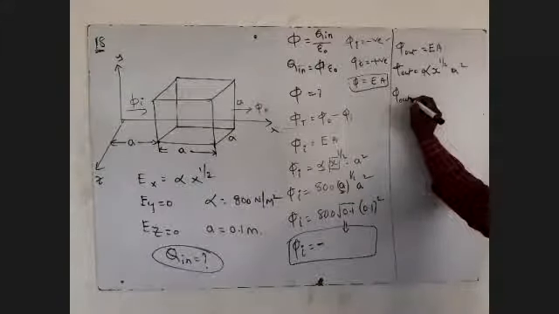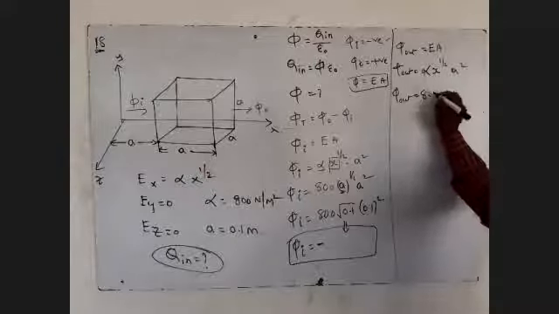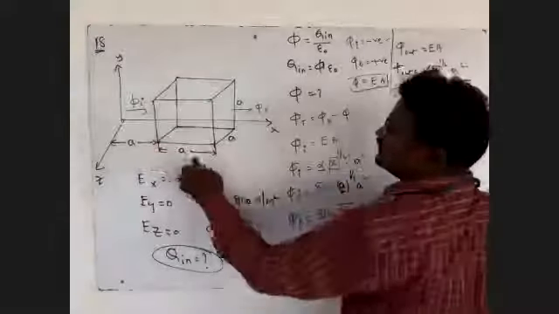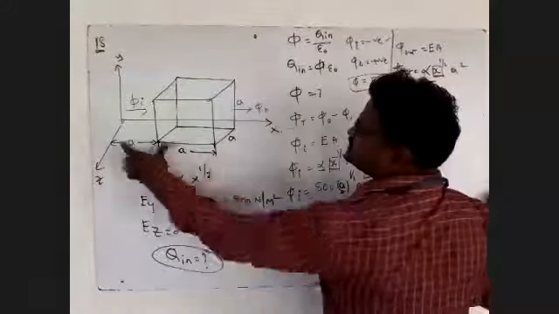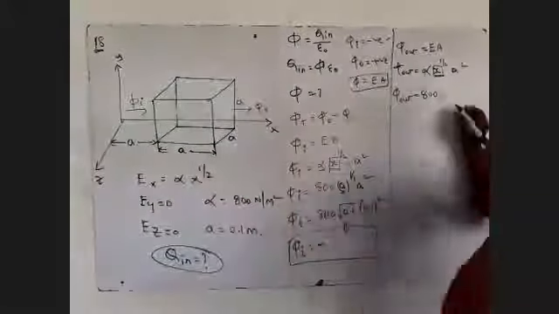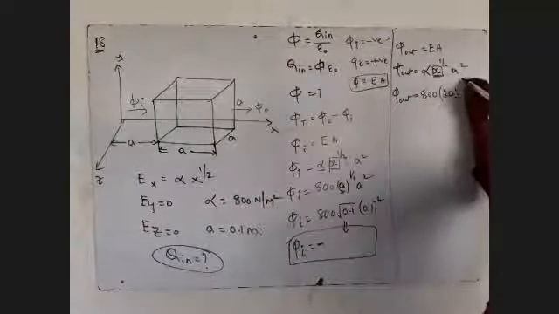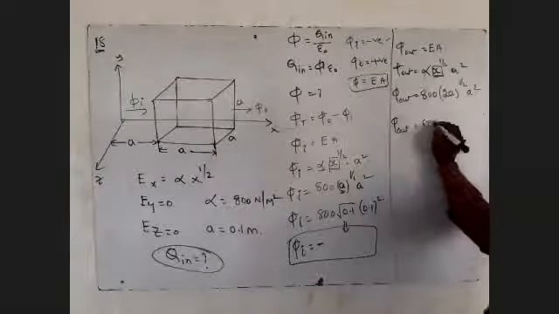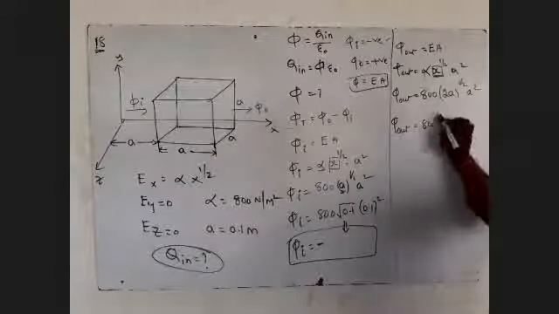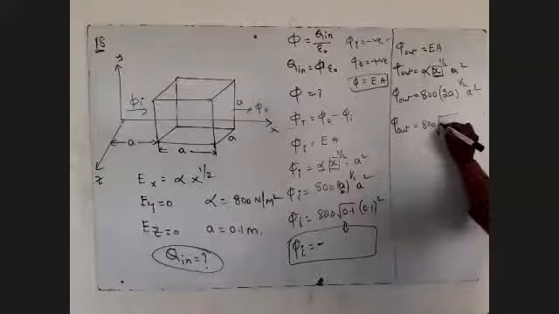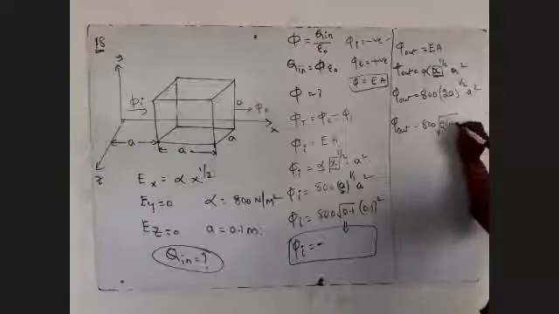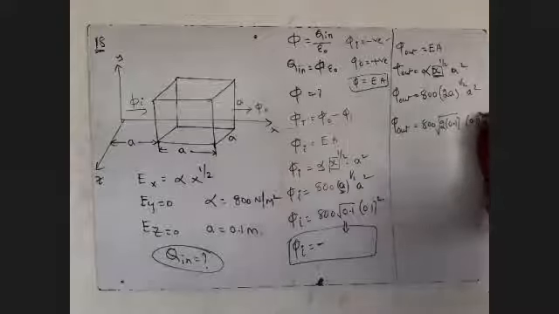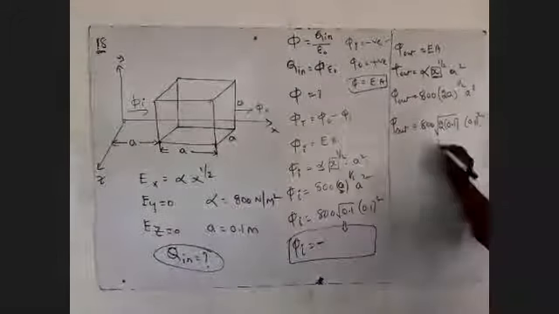This is 800, and x means the distance from here to here, which is a plus a, total 2a, whole power of 1 by 2, times a square. So phi out is 800 root 2a, where a is 0.1, times 0.1 whole square. We simplify this value.